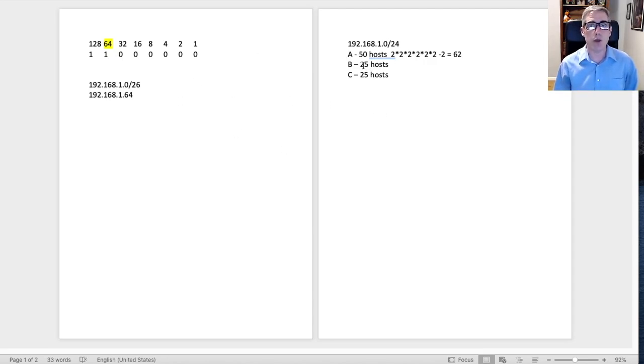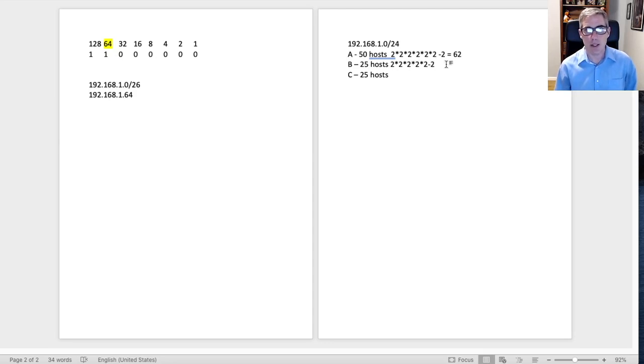We know that it can be smaller. And if we just go with the same process, 2 times 2 times 2 times 2, minus 2. 2 times 2 is 4, times 2 is 8, times 2 is 16, times 2 is 32. And that's enough because we only need 25.